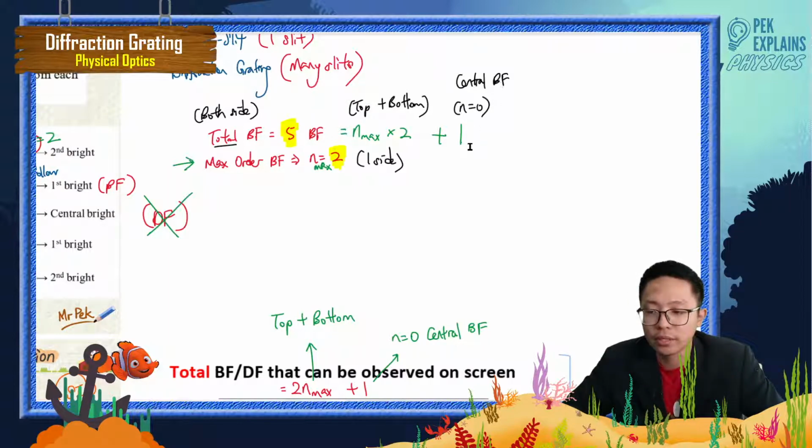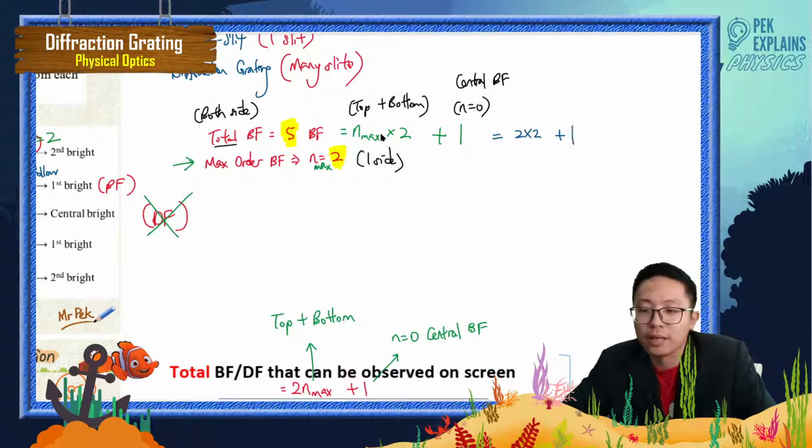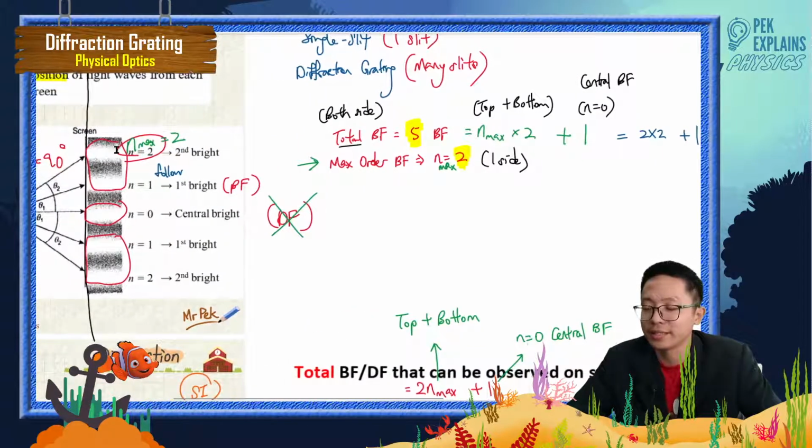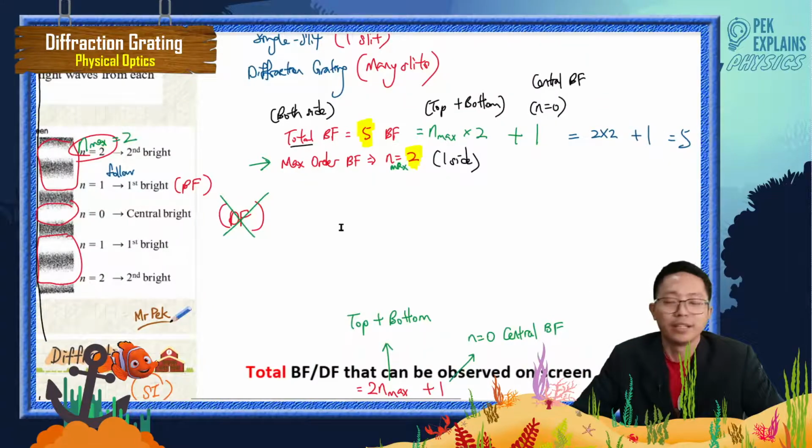The 0 order is not counted in the order because it's n equal to 0. So since the maximum order is 2, 2 multiplied by 2 plus 1, I got 5. That's why I can see 5 bright fringes.